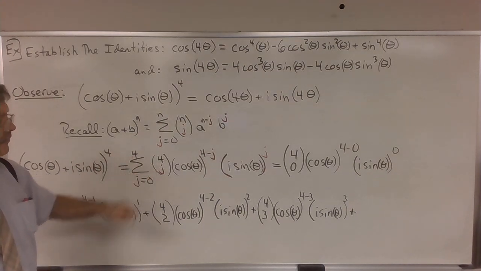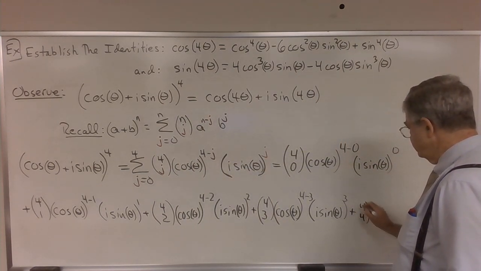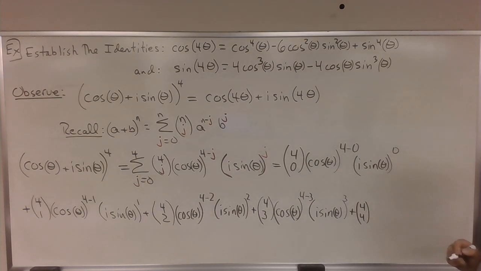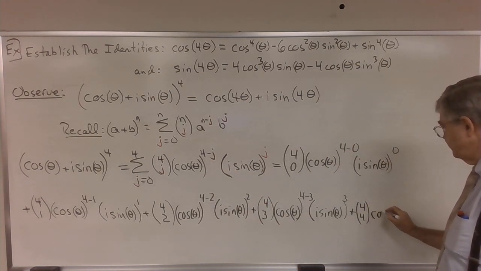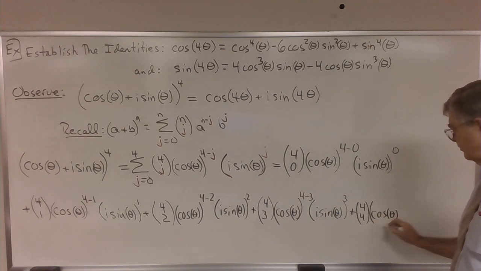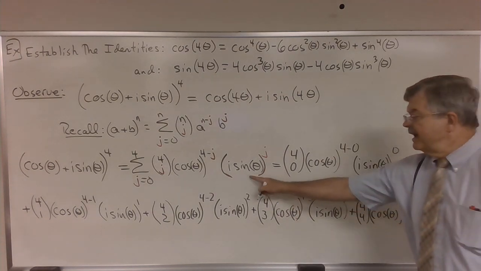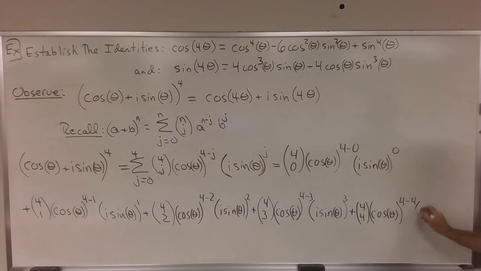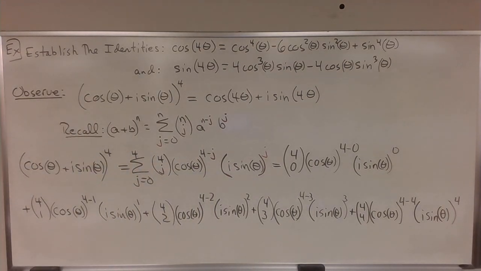So we'll have 4 choose 4, cosine of theta to the 4 minus 4, and i sine theta to the 4. Oof, we have just barely enough room.